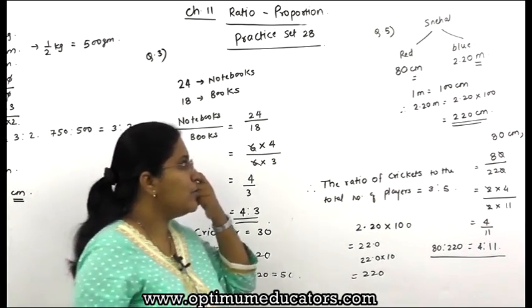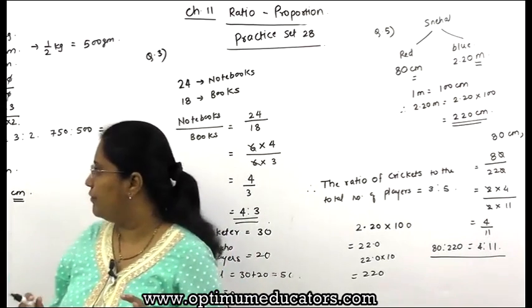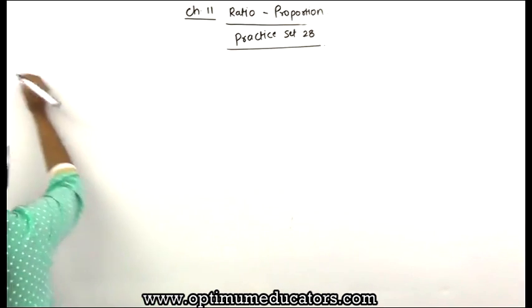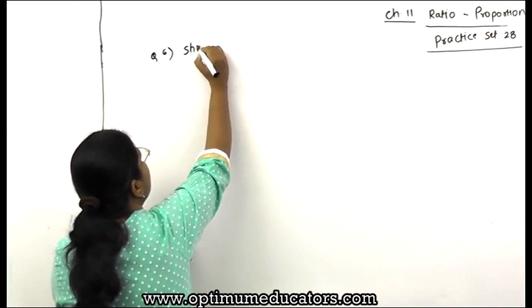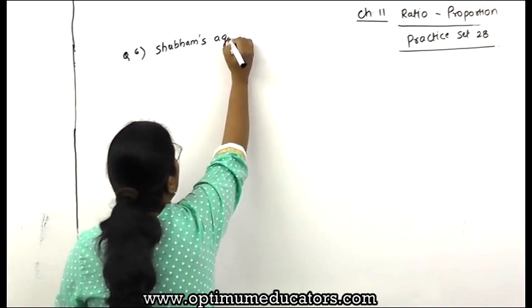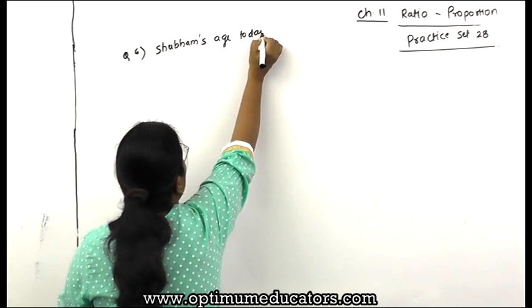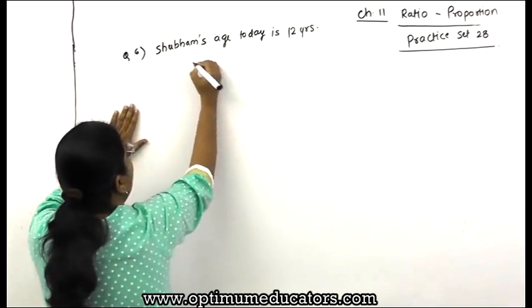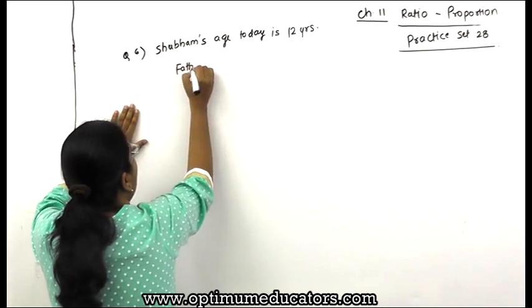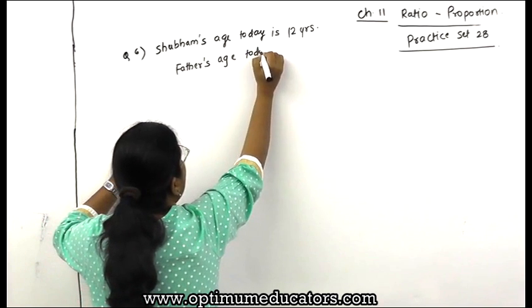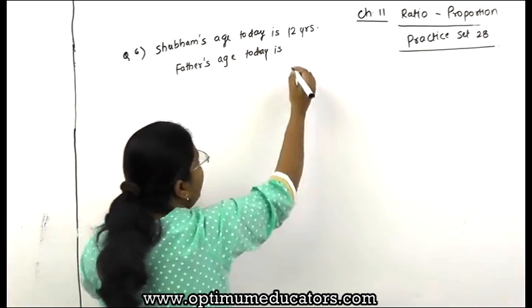Okay, now let us first of all write the data that we have. We are given that Shubham's age today is 12 years. His father's age today is 42 years.